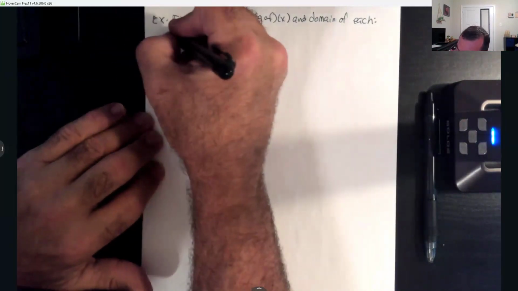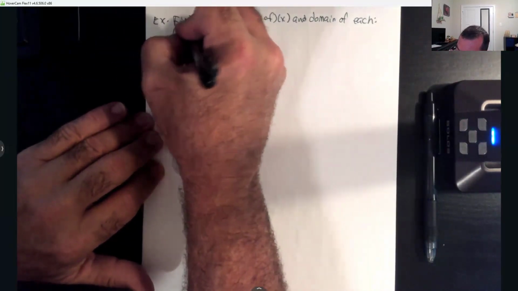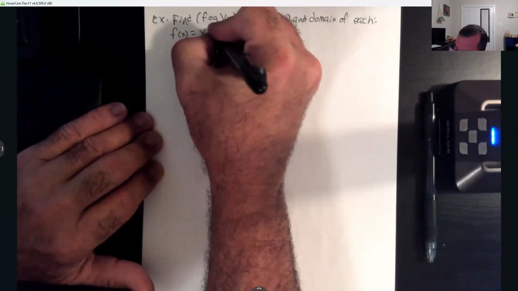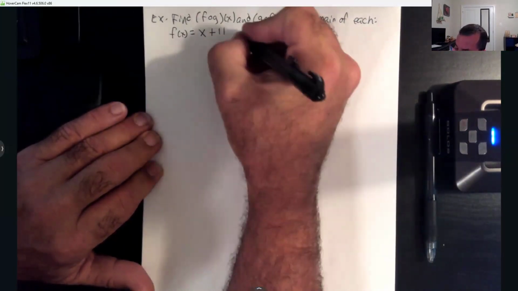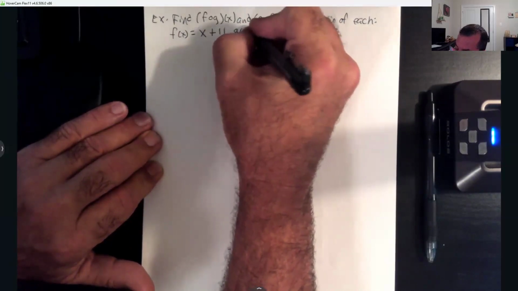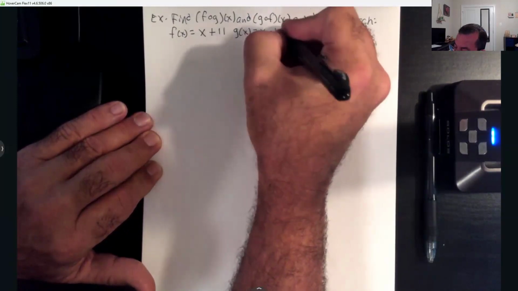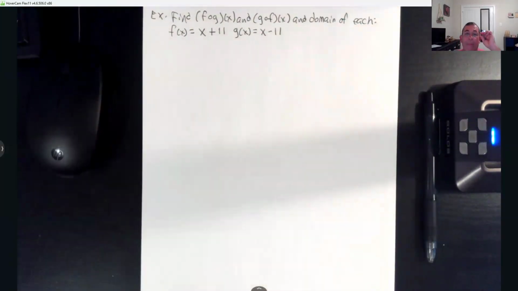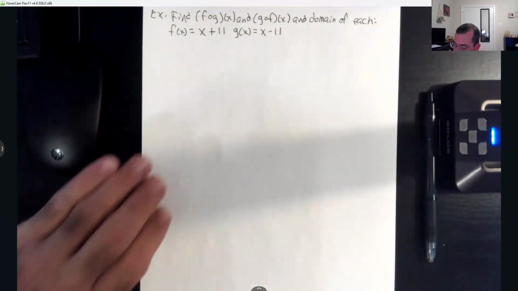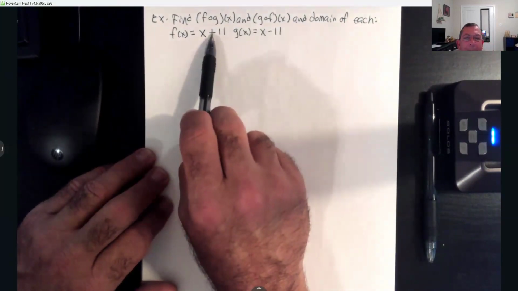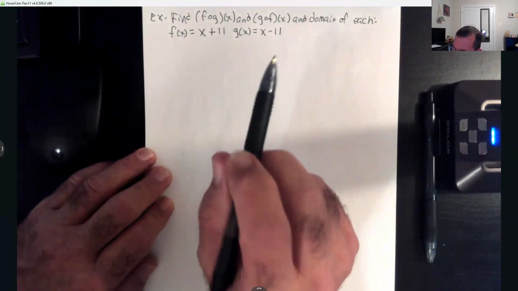Now, let's see what f of x is. f of x is x plus 11. My g of x is going to be x minus 11. Notice my functions are pretty close other than one being added and the other being subtracted.